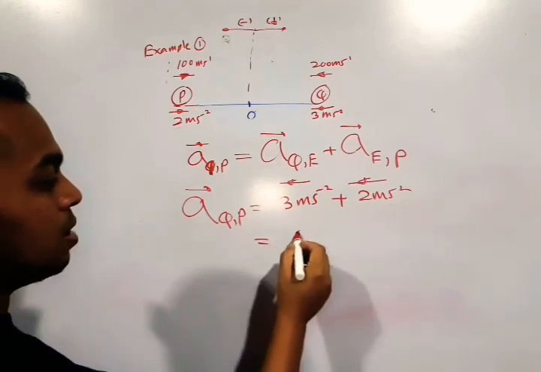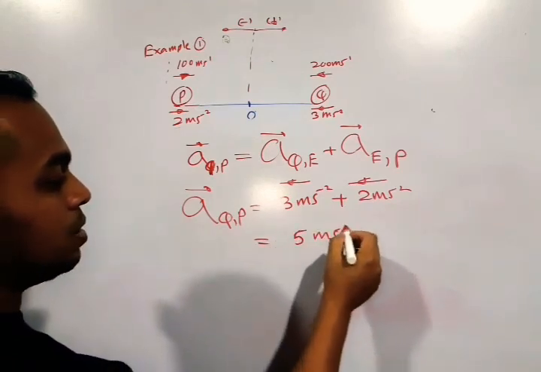So the answer is 5 meters per second squared.